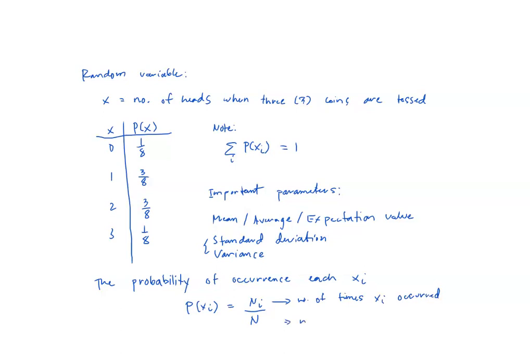N is the total number of times, we call it experiment na lang. Okay, so ayan. And so we have the probability.